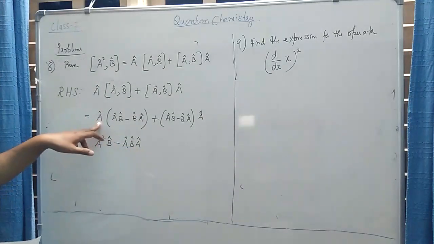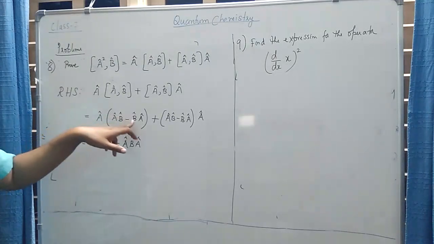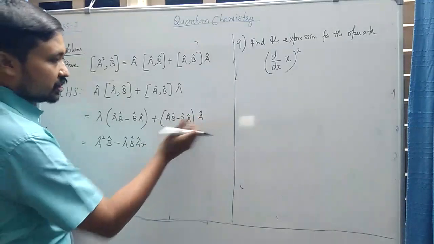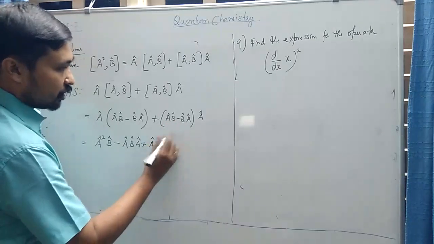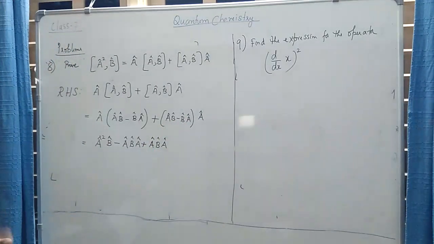So the first term is A into A B, which is A² B, and the second term is minus A B A, plus now let us apply this term on operator A: A B A. Again we cannot interchange the sequence.